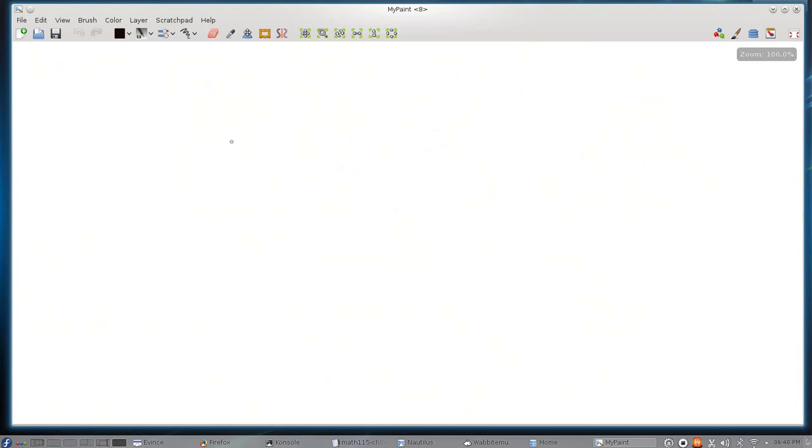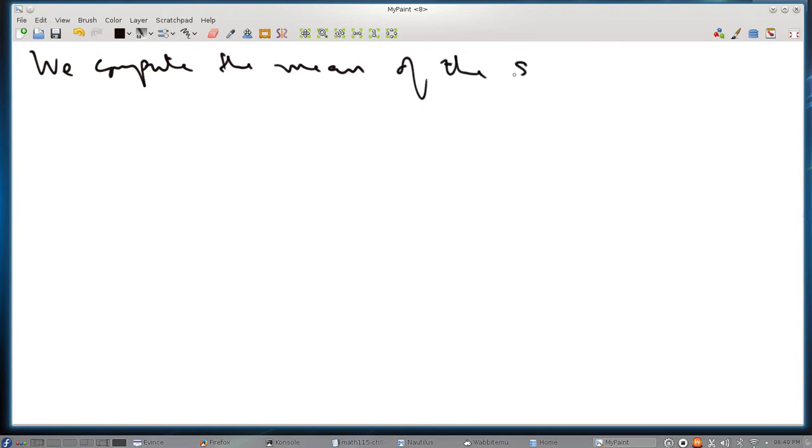So let's try this one more time. Here we compute the mean of the sample means. This mean will be computed by adding all of the sample means divided by the number of the samples that we have obtained. And based on this example, we have gathered 100 samples, right?